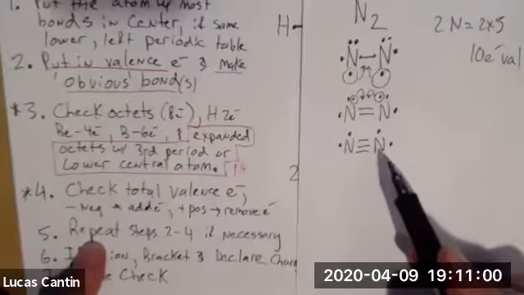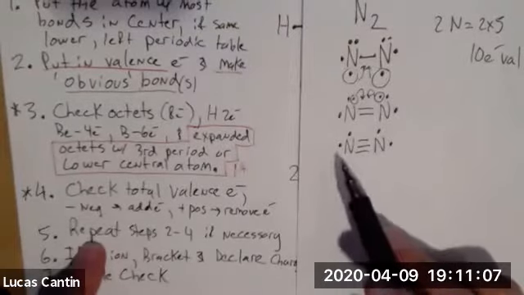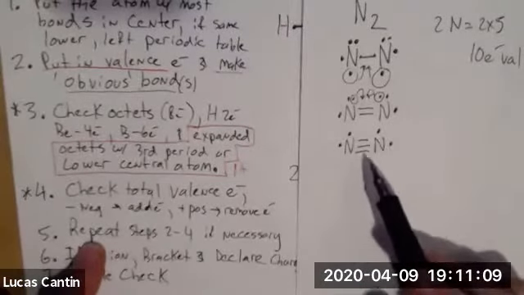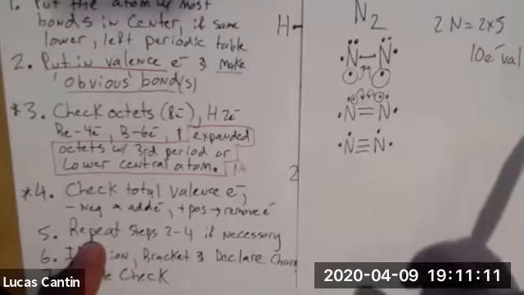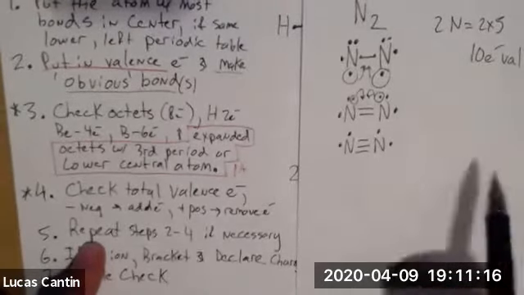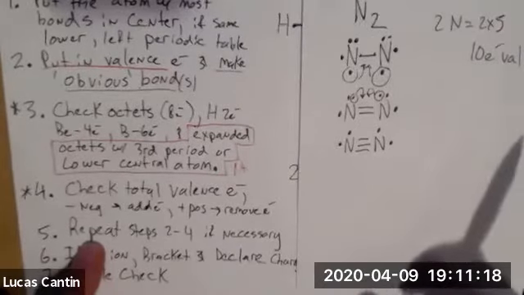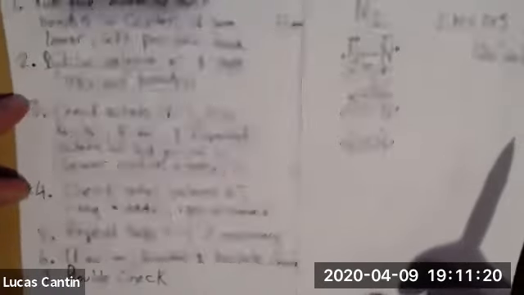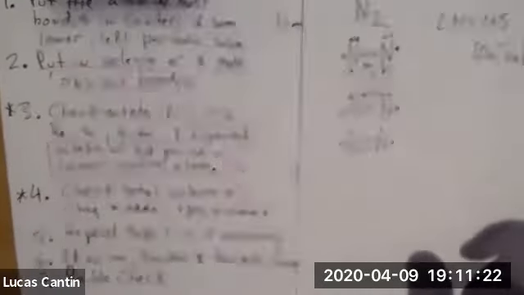Okay, so now, how much does each nitrogen count as having? 8. So this one has 8 and that one has 8. They're sharing 6 and they each have 2 by themselves, right? And if I look, this should be 10 electrons. There's 4 dots and there's 3 sticks. So that's 10. So now I've met my conditions. Okay, so there's a cleanup step actually.